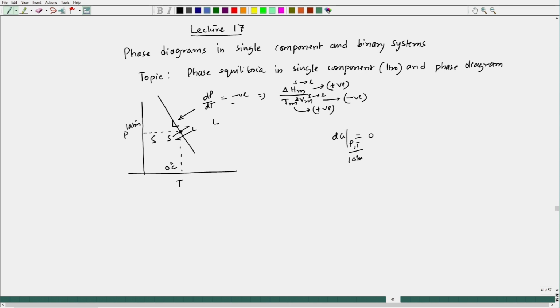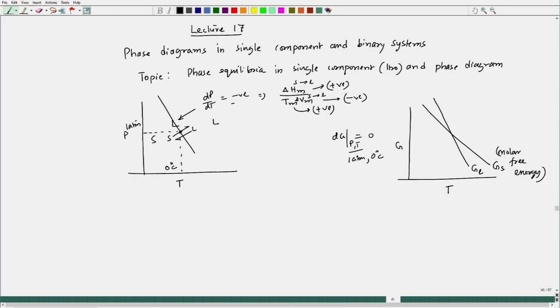We have reflected that through this G-T diagram, where this is GS and this is GL, the free energy of solid and liquid, and these are all molar free energy. I am talking about the 1 mole change. We have seen that too.